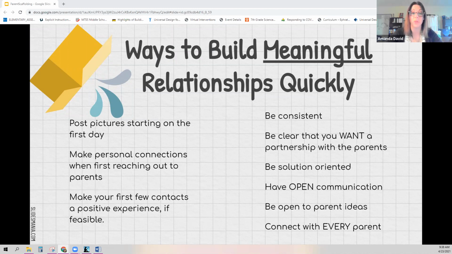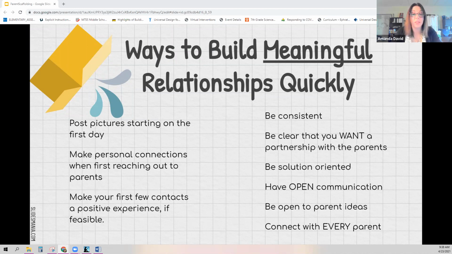But there are things that you can do that are very simple that will allow you to foster strong relationships quickly, so that when there are times where you may have to have a difficult conversation, it may be able to occur in a much easier fashion for both you and the parent, and to have a collaborative and solution-based conversation. So here are some ways that you can build some meaningful relationships quickly.